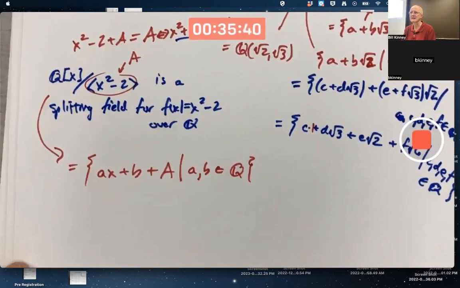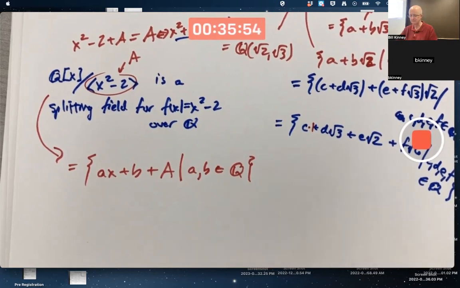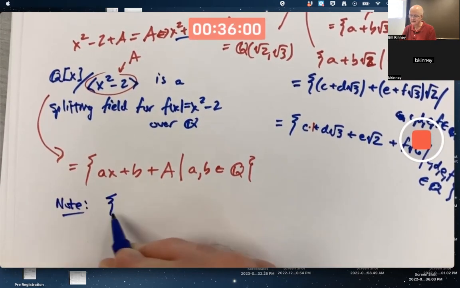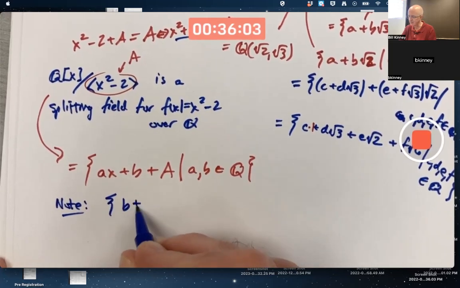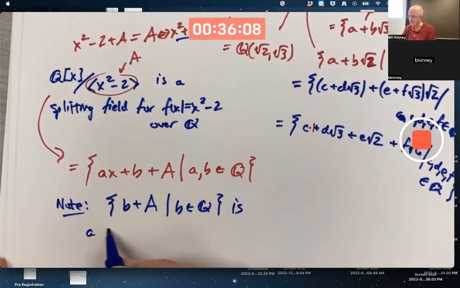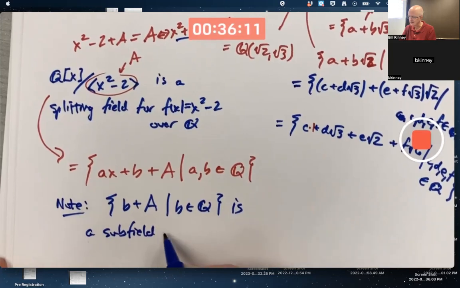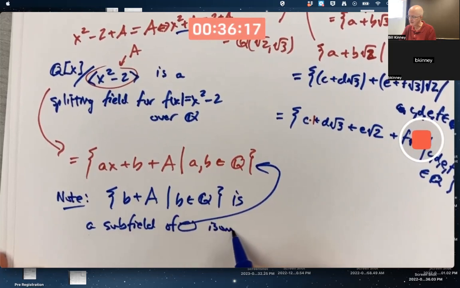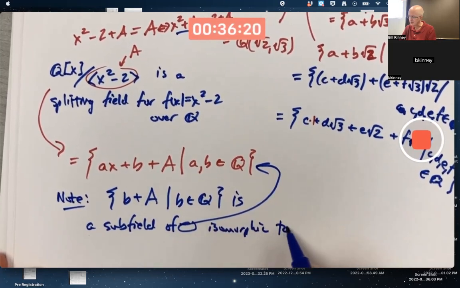We've done this before. Well, what is a subfield of this that's isomorphic to the rationals? How about take A to be 0? Note the subset of this of the form B plus capital A as B varies over the rationals. This is a subfield of this thing, isomorphic to the rationals.